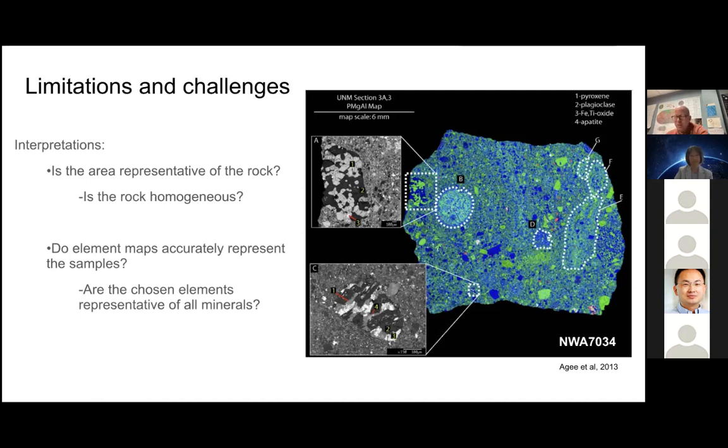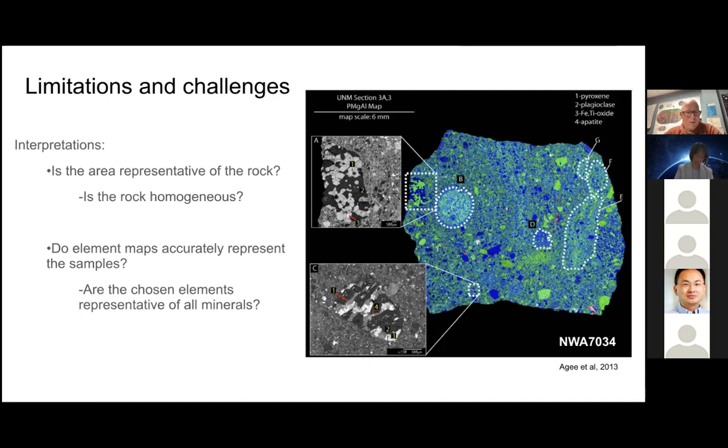Now, there are some pretty large assumptions made in addition to that, because our samples sometimes are the size of golf balls, sometimes they're the size of your fist, but we're not seeing a whole cliffside outcrop like we can observe here on Earth. So we do have to assume that these samples represent a homogeneous fragment of a rock under study.